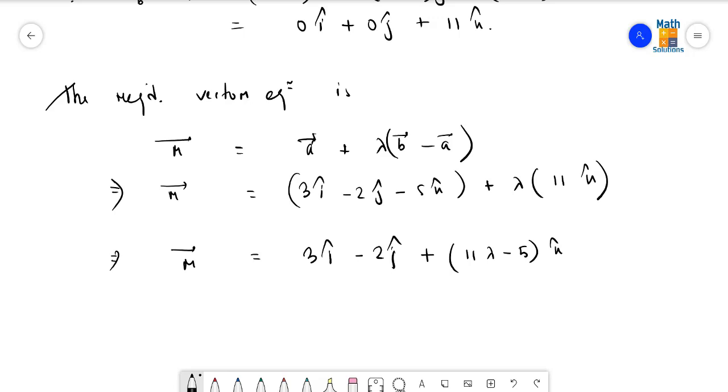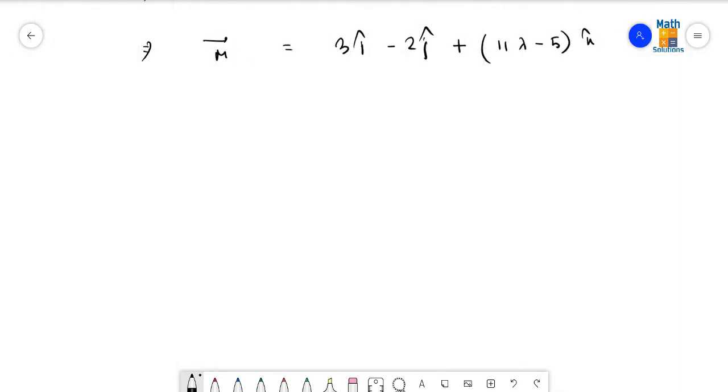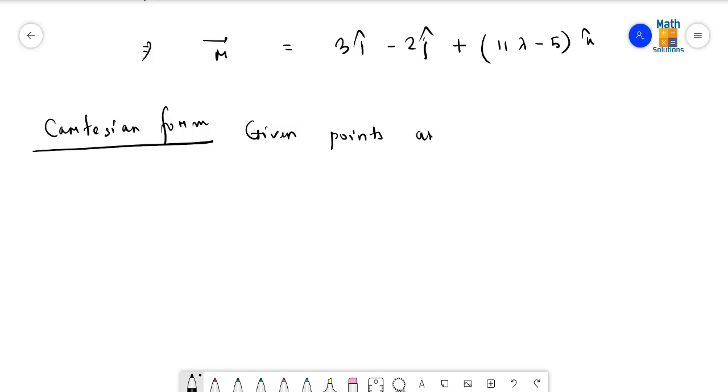Then after, coming to the Cartesian form. In Cartesian form, directly we can substitute the coordinates. Given points are 3, minus 2, minus 5, and the next one is 3, minus 2, 6.